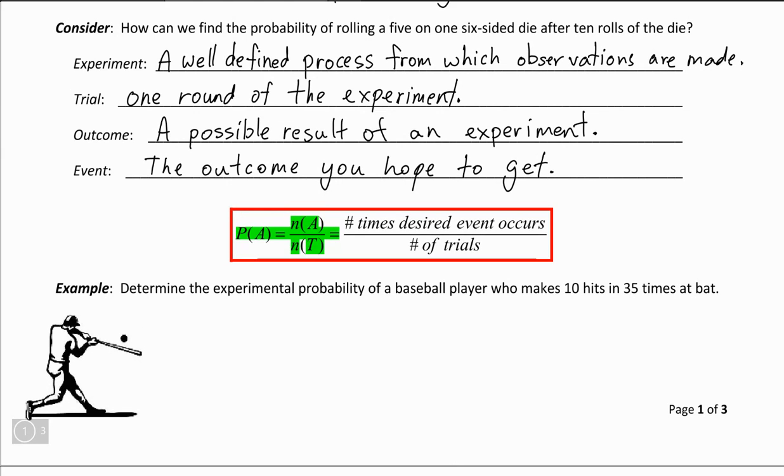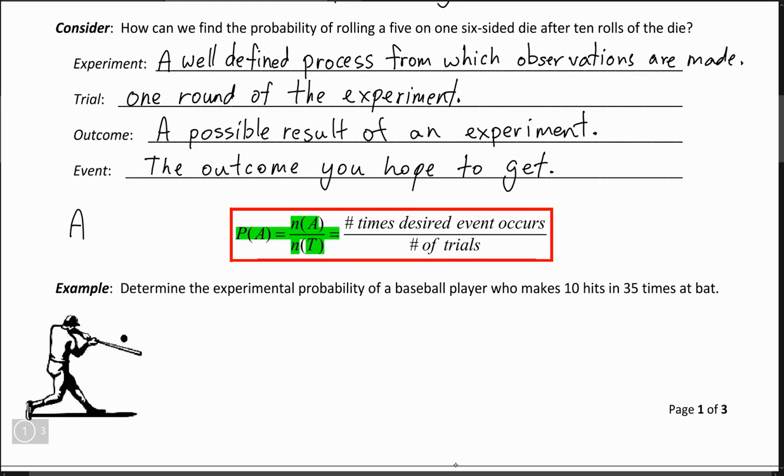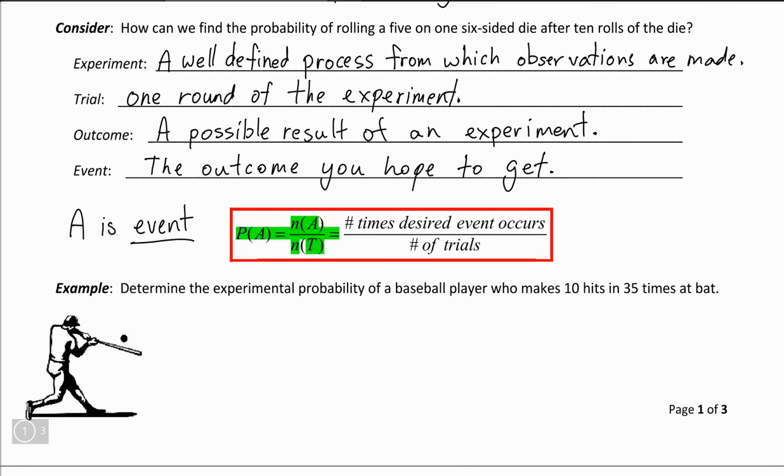Okay, so it's important to note here that A represents my event. So the event could be rolling a 5 on a 6-sided die.